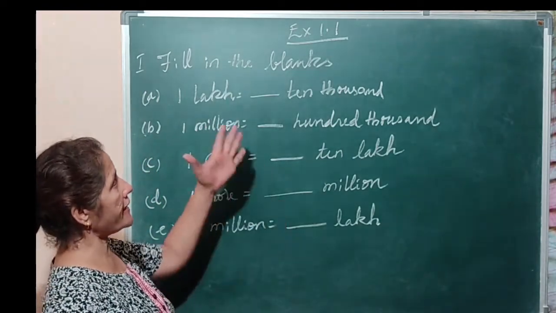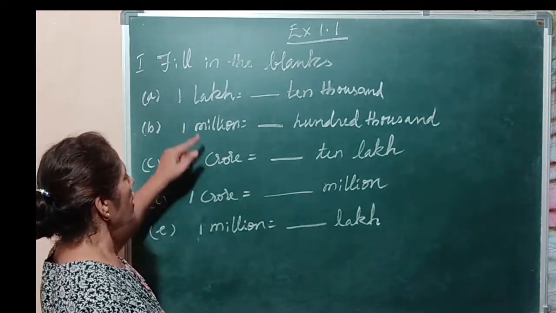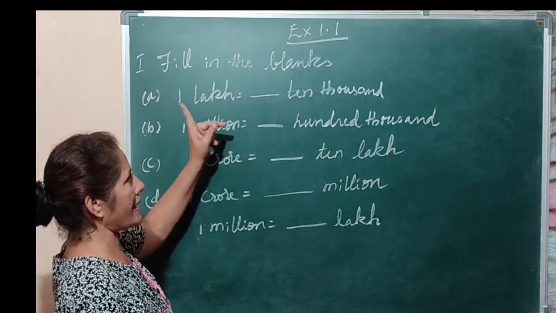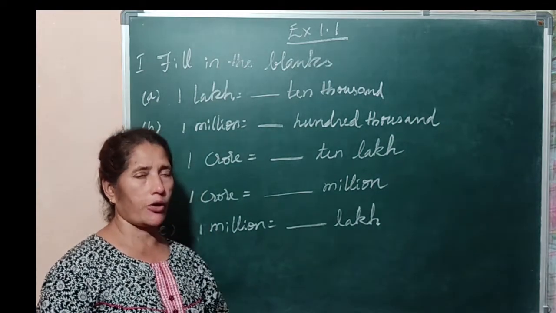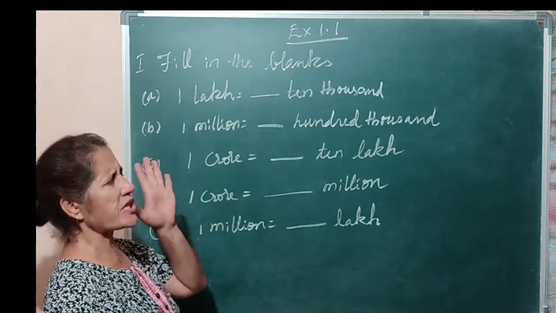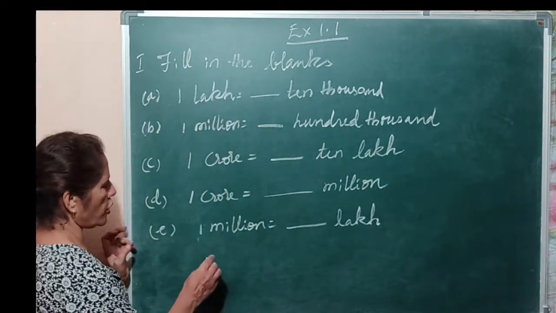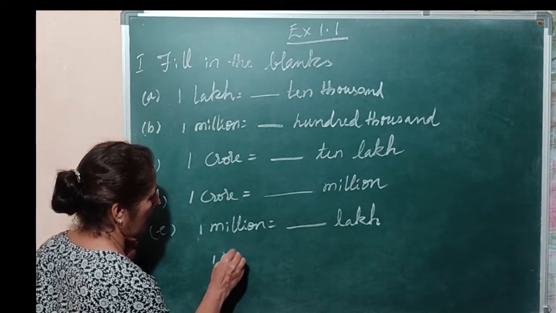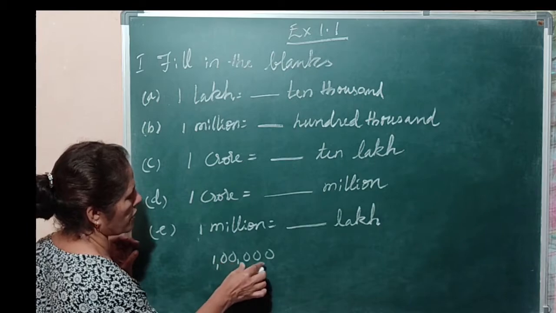Now look at exercise 1.1. Fill in the blanks. First question: 1 lakh is equal to dash 10,000. I also get confused. What is this question? So the best method, I teach you one. Write 1 lakh. After 1 lakh, how many zeros? This is for 10,000 and 1,000.